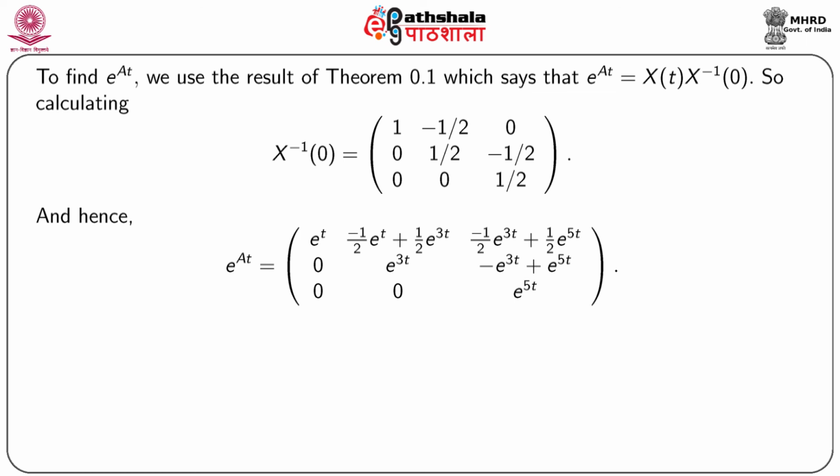To find e to the power At, we use the result of Theorem 0.1, which says e to the power At is equal to X(t) into X inverse of 0.